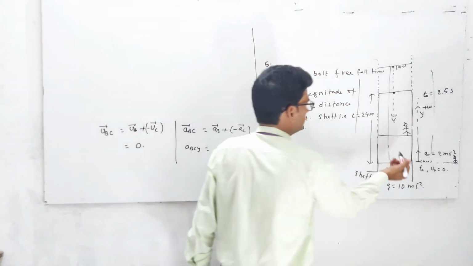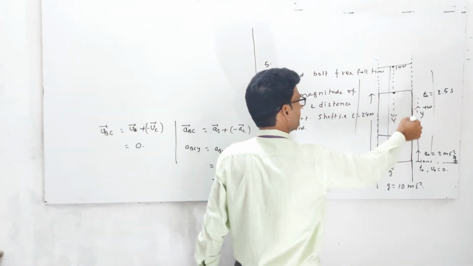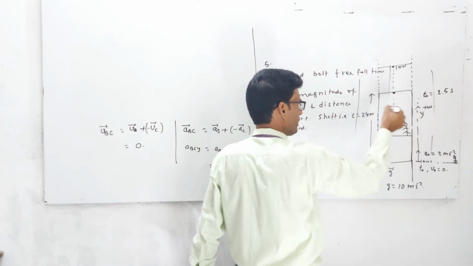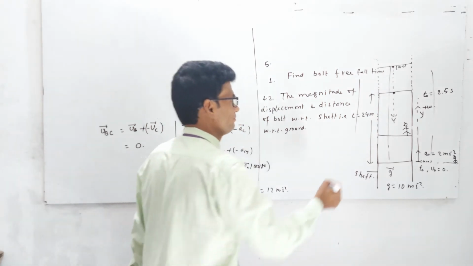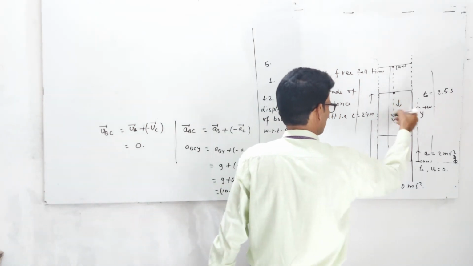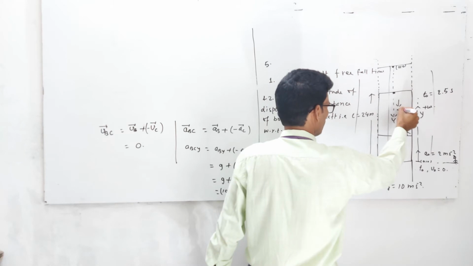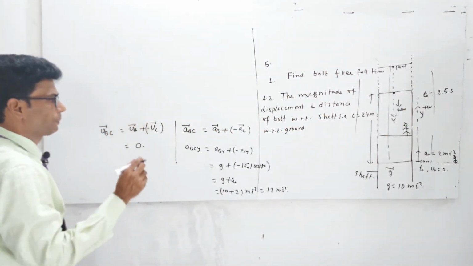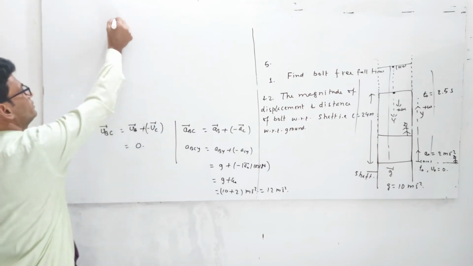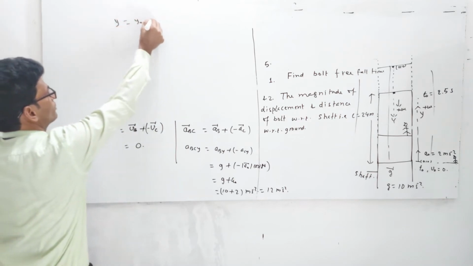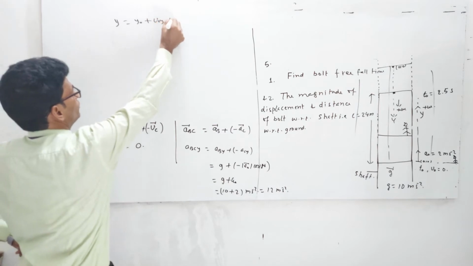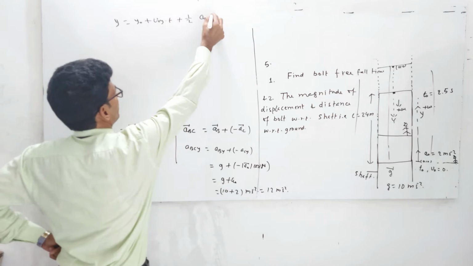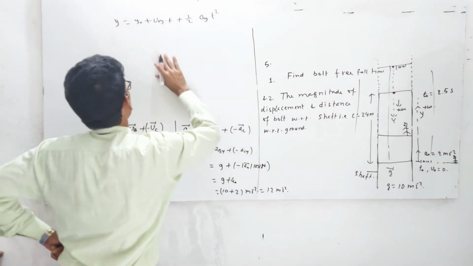Now from the cabin frame, look at this, the origin is taken and the y-axis is positive in this direction. However, no need to mention, but if you mention, then okay, positive. So we use y motion here. y is equal to y naught plus v naught y into t plus half a_y t square.